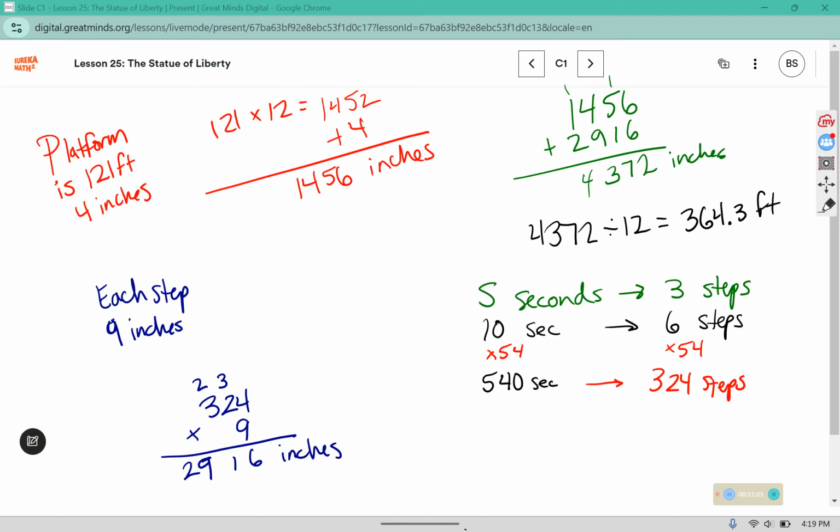Let's go back and see what could have been our mistake. Well, we know the platform is correct. We know there's 12 inches in a foot. So this piece is correct. We saw from the video that each step was 9. So maybe our rate needs to be fixed.